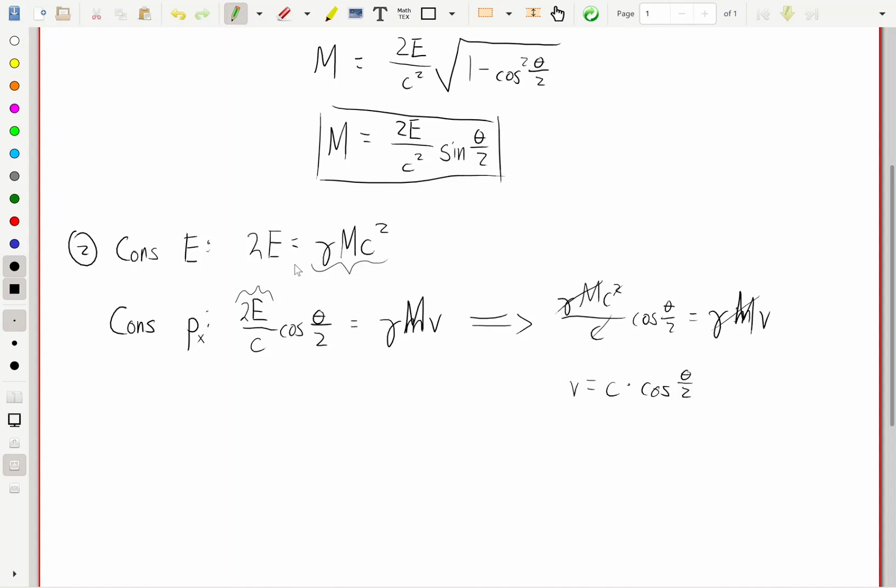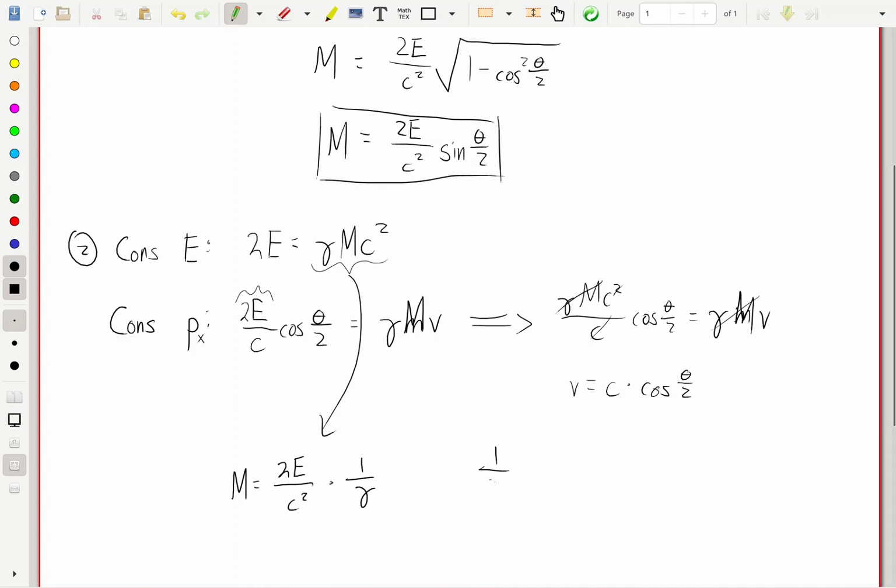Now, back to our original energy equation, we can isolate for m to get m equals 2E over c squared times 1 over gamma.